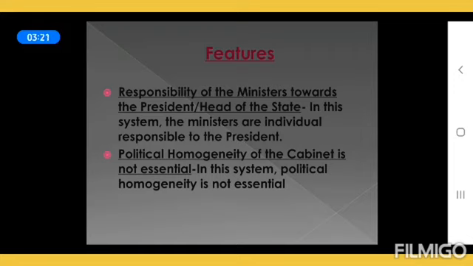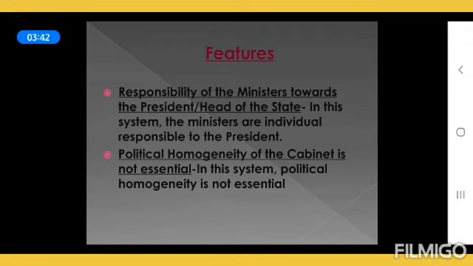They are not and cannot act at the same time as the members of the legislature, and they are not responsible to the legislature for their official acts or for their policies. All these features are present in the US political system, where the presidential form of government is at work.